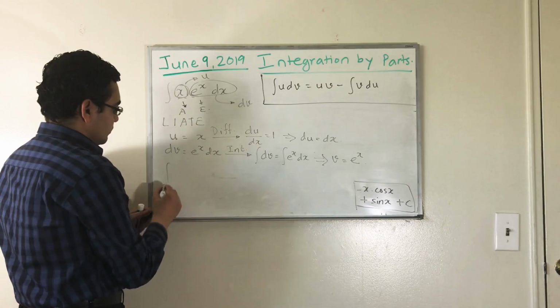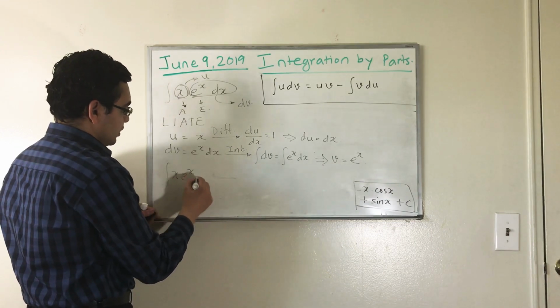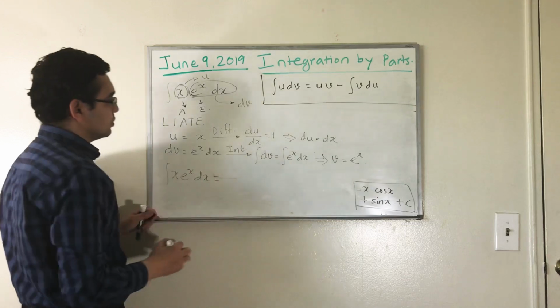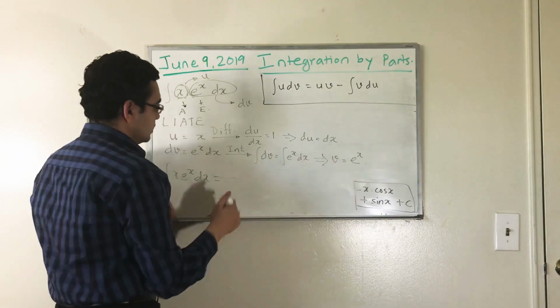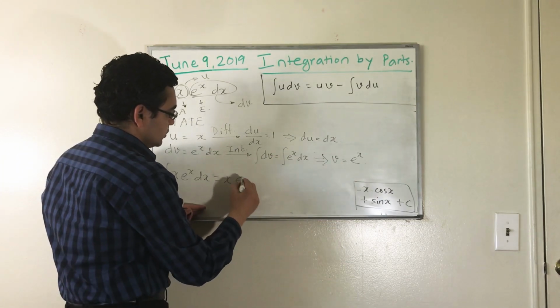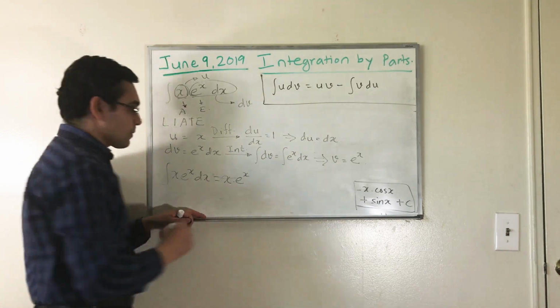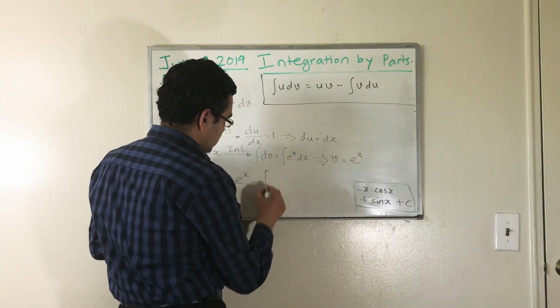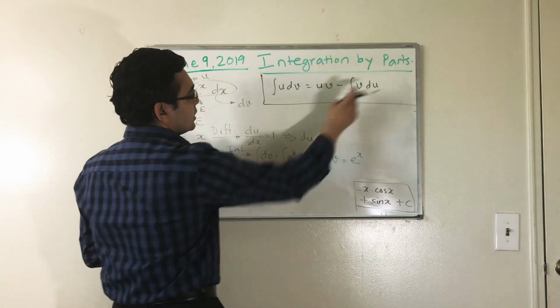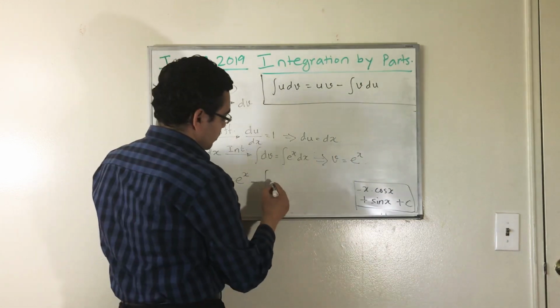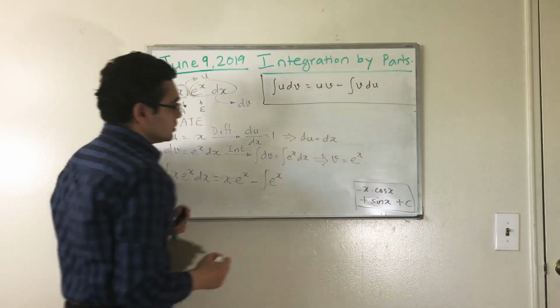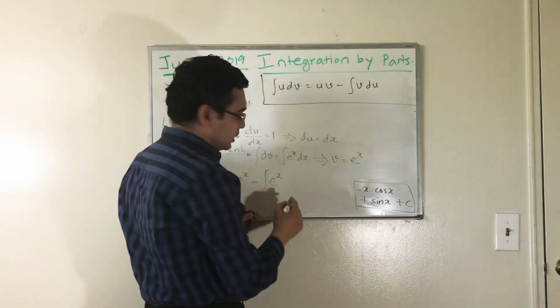So integral x e to power x dx is equal to u times v, which gives me x times e to power x, minus integral v du. v is e to power x times du, which is nothing but dx.